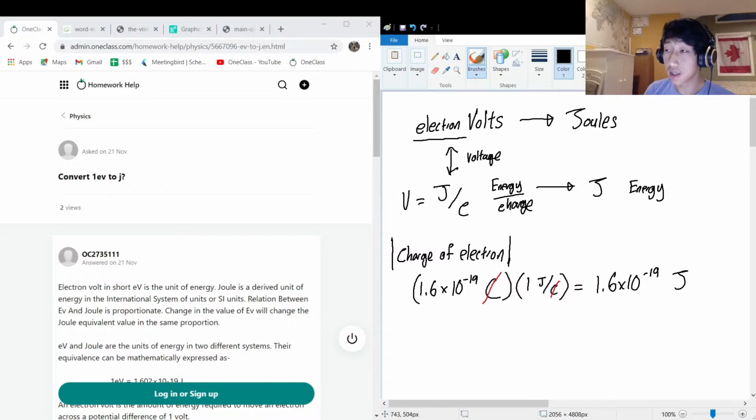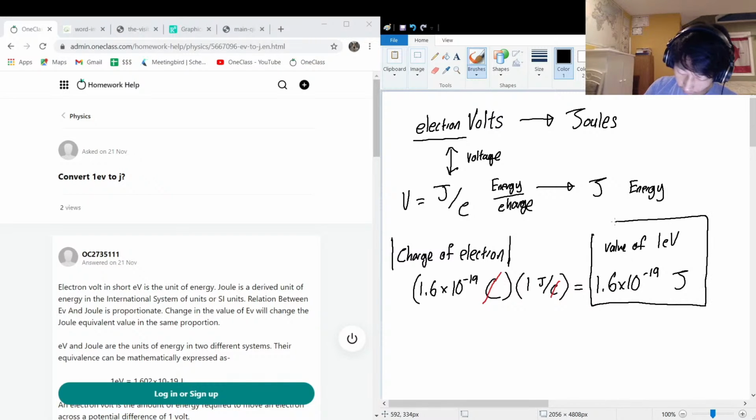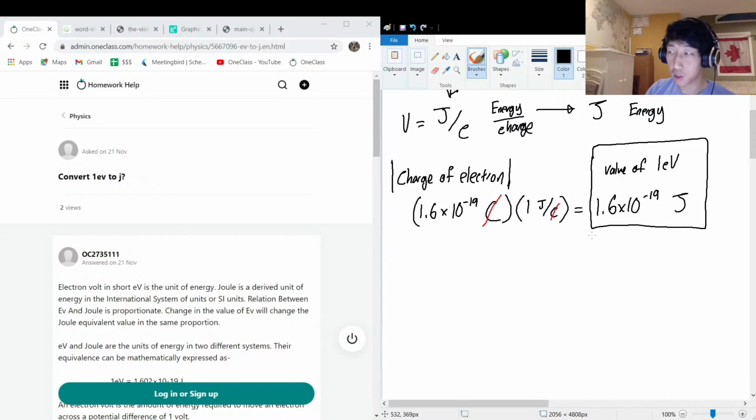Now, let's say we want to go the other direction. Or I'll write this out like the value of 1 EV. EV means electron volt. So if you want to go the other way, like let's say you're given something in electron volts.